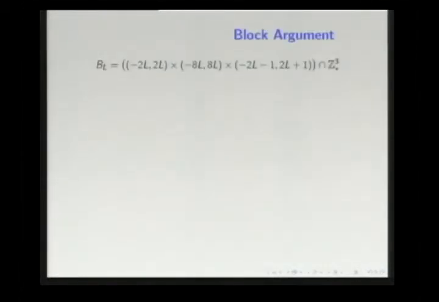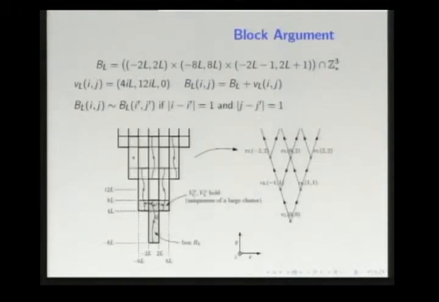Now I will perform a kind of block argument, some static renormalization. I will consider this set of vertices. L is fixed, and I will consider the vertex with this form. For i, j, the vertex Vij has coordinates 4iL and 12jL, and the third coordinate is 0.